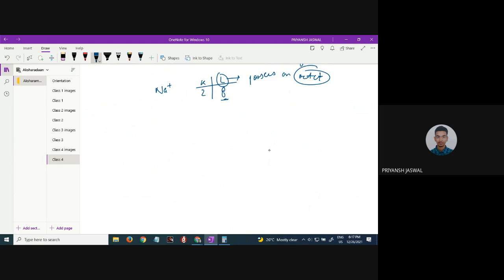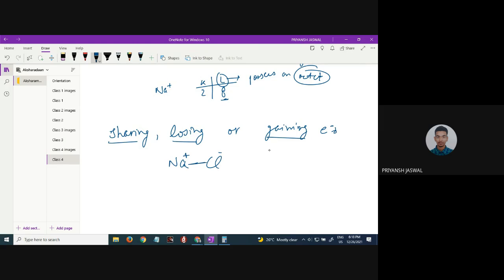So valency tells us that the atoms would react so as to achieve an octet in the outermost shell. This achievement of an octet is done by either sharing, losing, or gaining electrons. Like the example which I just gave, NaCl.